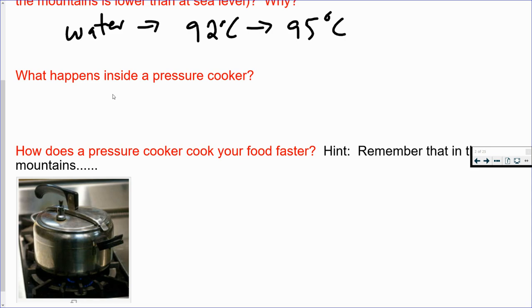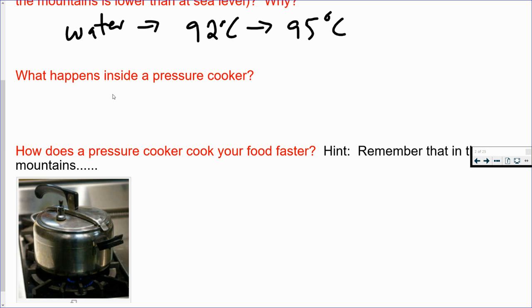So, what would happen inside of a pressure cooker? Well, pressure builds up within it. As the water starts to vaporize or evaporate, you create your own atmosphere. You can create as much pressure in there as possible, which then really increases the boiling point of that water.